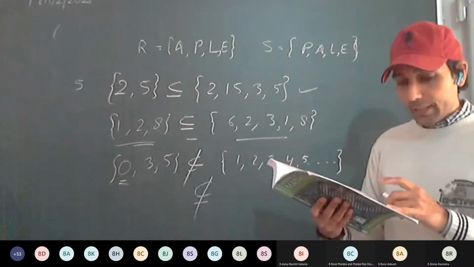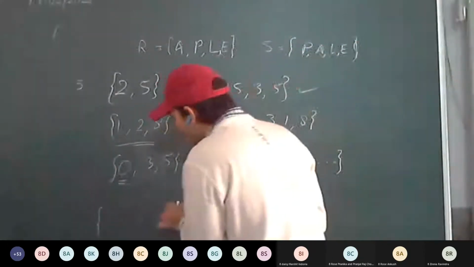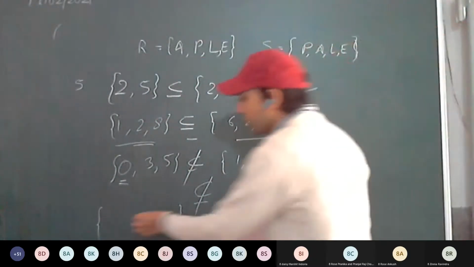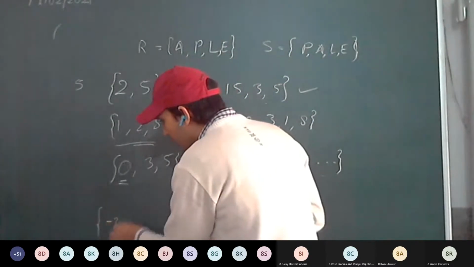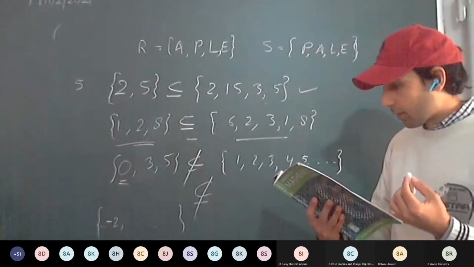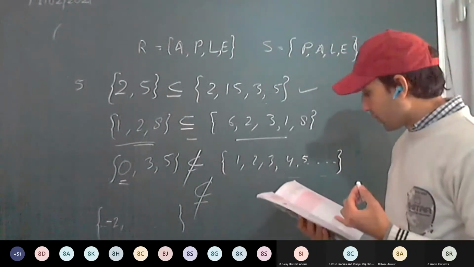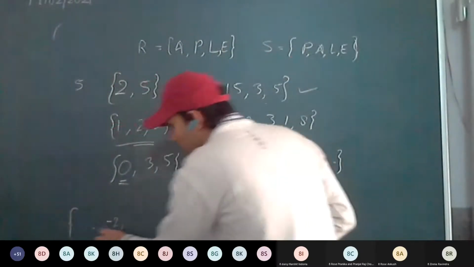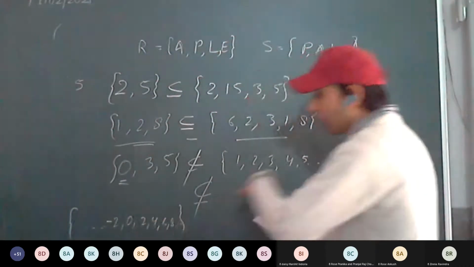Now next one, x such that x is an even number. You can put any number, it can be from minus infinity: -2, 0, 2, 4, 6, 8 up to infinity.